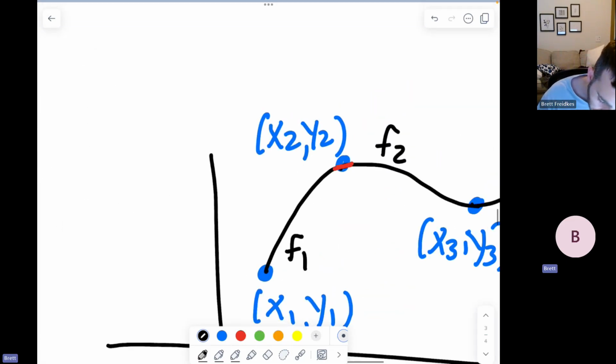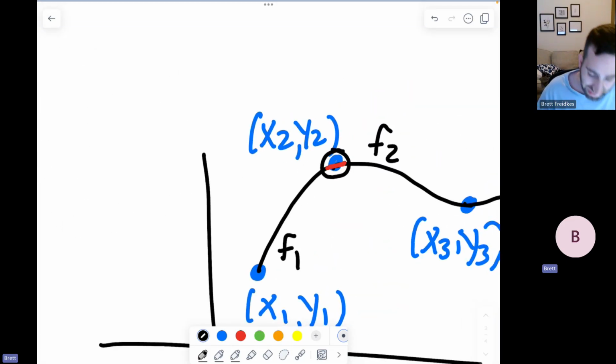Again, we're looking here at this blue point, x2, y2, the slopes have to be the same there. So if we take the derivative of f1, which again we assume is quadratic, and set that equal to the derivative of f2, which is also quadratic with different coefficients, we can plug in x2 to get another equation.